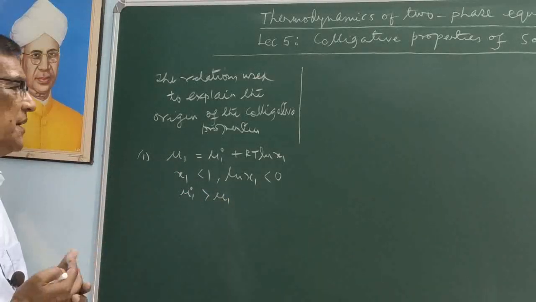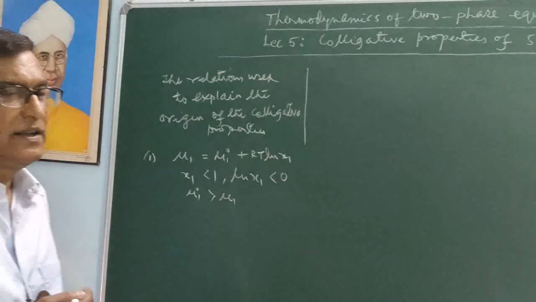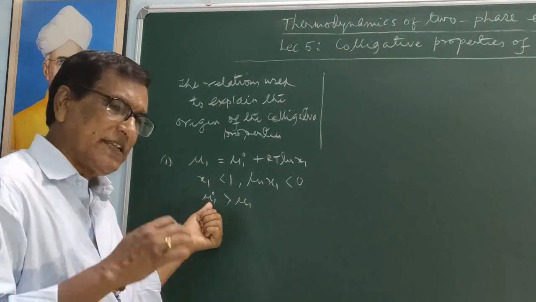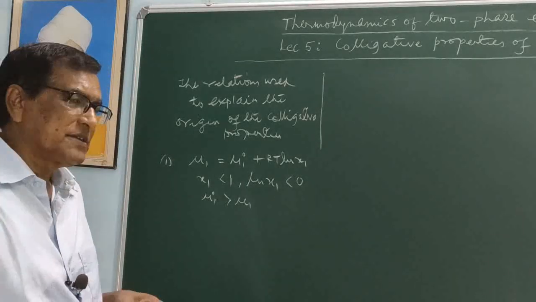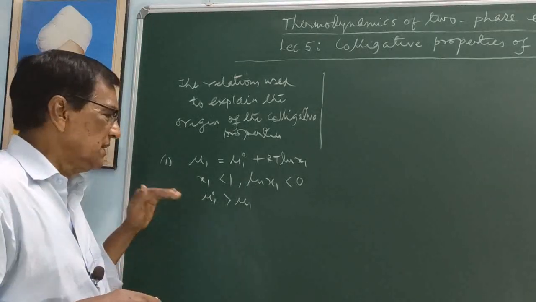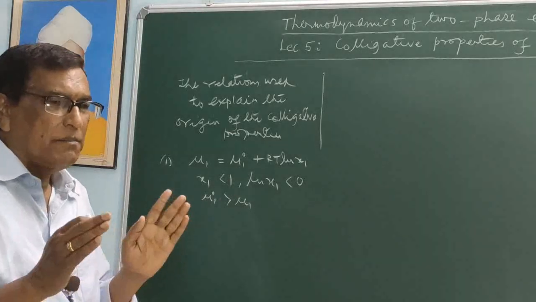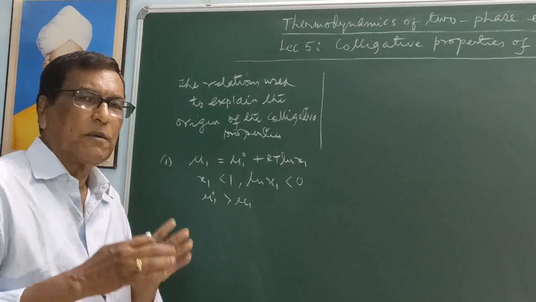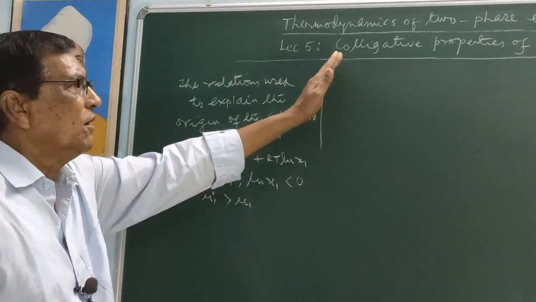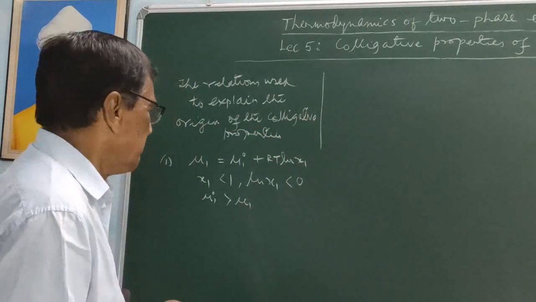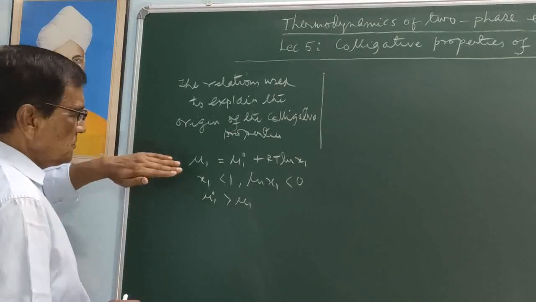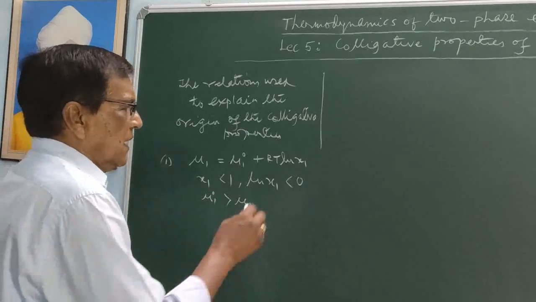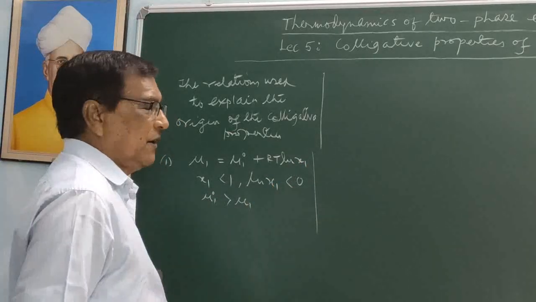It is very striking that whenever we consider the pure solvent, its chemical potential is greater, but whenever some solute is dissolved in the solvent, its chemical potential becomes lower, and this lowering of chemical potential is the origin or main cause for the development of these four colligative properties. And this lowering of chemical potential actually is an entropy effect.